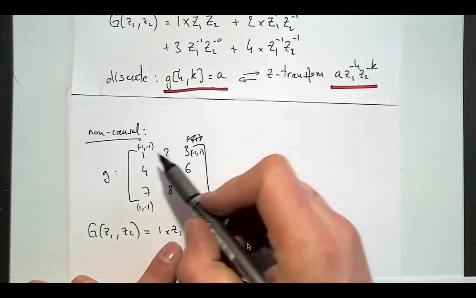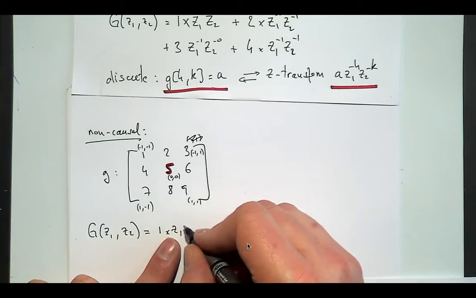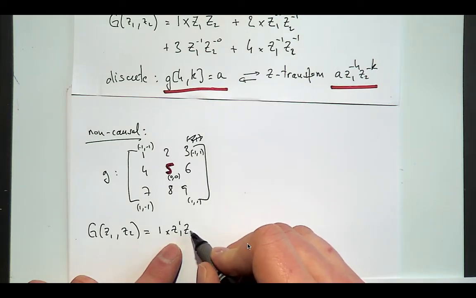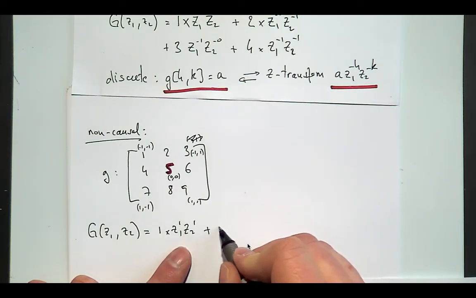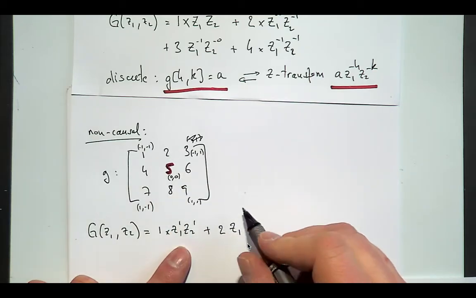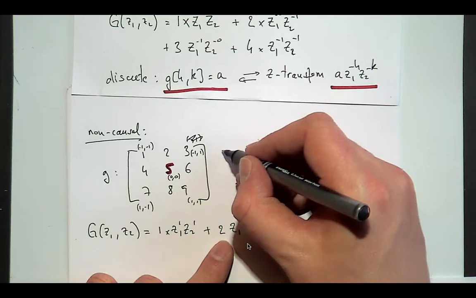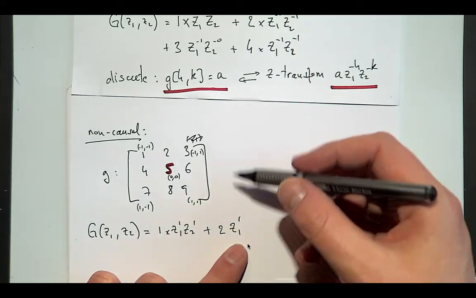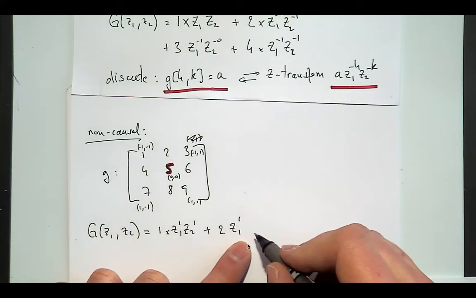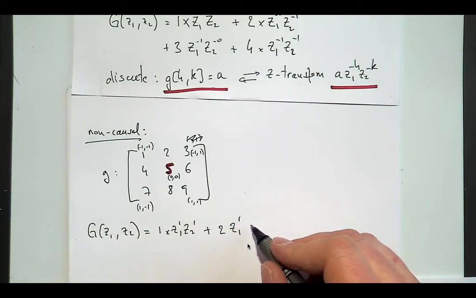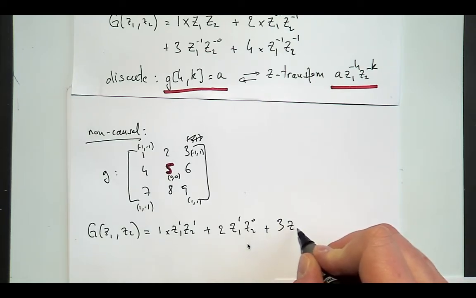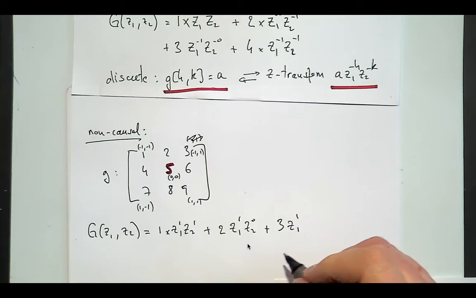Here, because the index is -1, the power is minus -1, so that would be 1. And same for Z2, it will be 1. Then I have 2 times Z1 with -1, so again a power of 1. But this time Z2 would be 0, so I'll leave that unchanged. And then we have plus 3 times Z1 to the power of 1, which doesn't change, and Z2 to the power of minus 1.